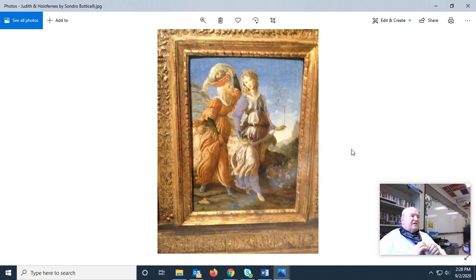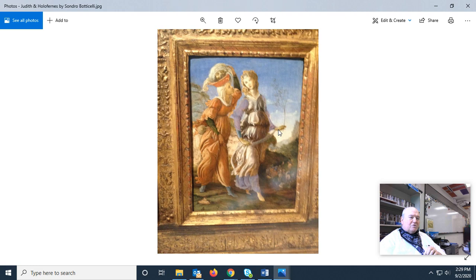And basically, she says, let's have sex. Something like that. And of course, Holofernes is like, of course she wants to be with me, I'm Holofernes. And so she proceeds to get him drunk. And then she cuts his head off. If you look at the painting, this is the head of Holofernes.